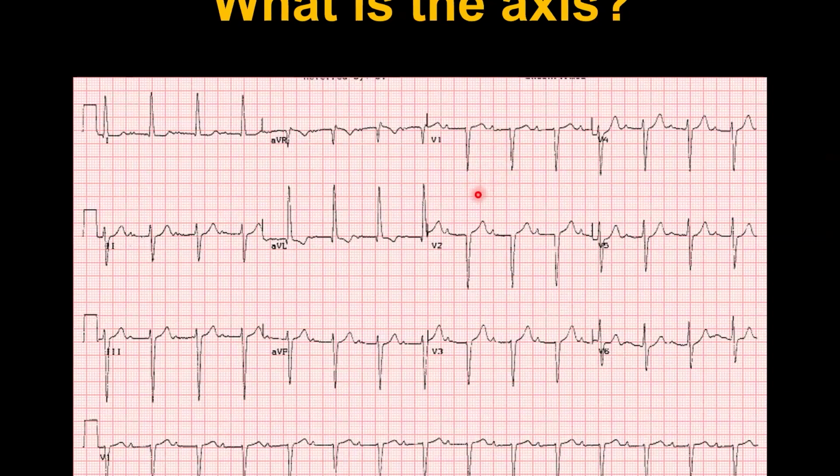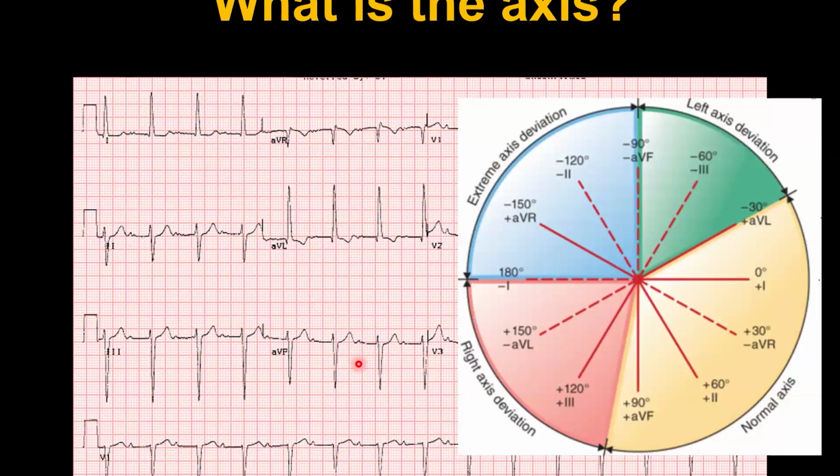The QRS is narrow, but what's the axis? It's positive in 1, but very negative in AVF. So away from AVF would put it up here. Positive in 1 would put it to the right of the vertical, and negative in AVF would put it above the horizontal, which would put it in here somewhere. Left axis deviation.